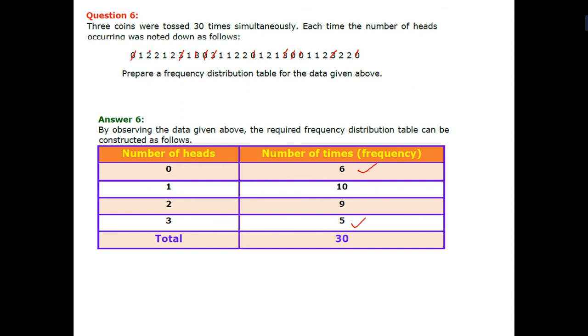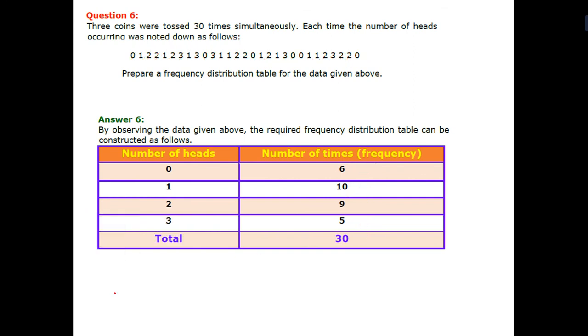Now 2: 1, 2, 3, 4, 5, 6, 7, 8 and 9. So 9. I think if I total it, there should be some mistake here, so we can write 1 here. So that is why 30 is possible.